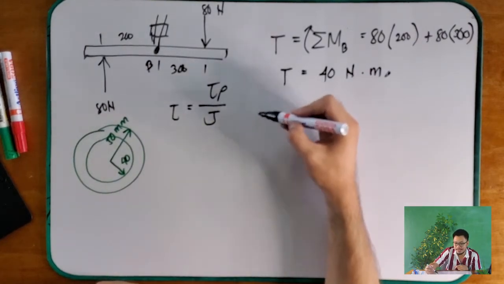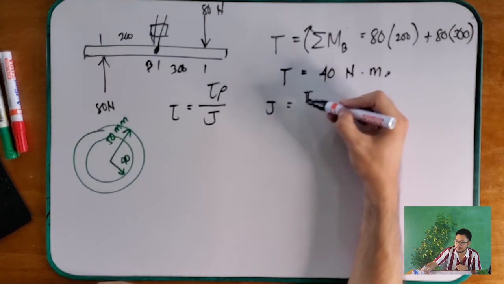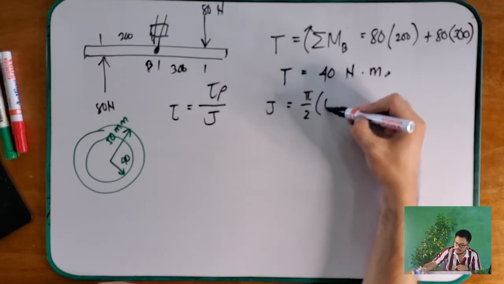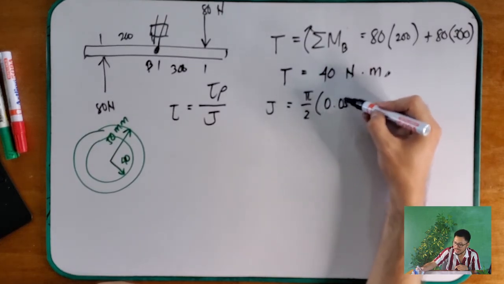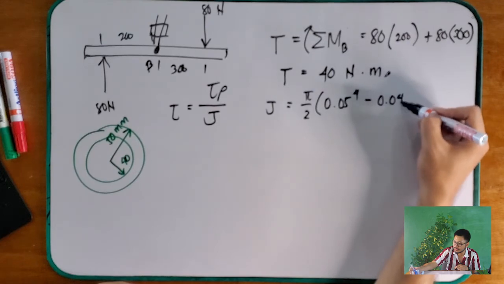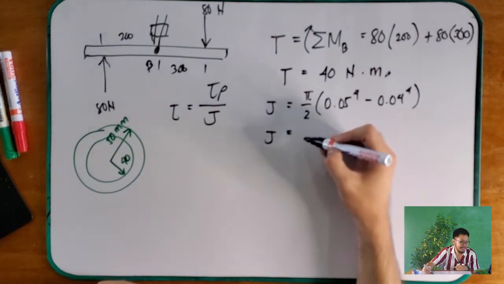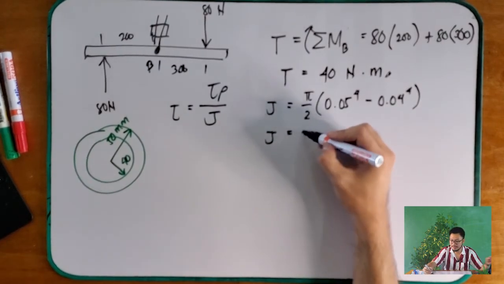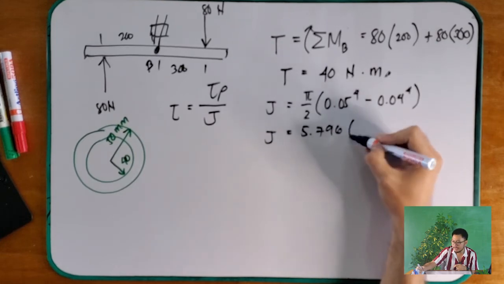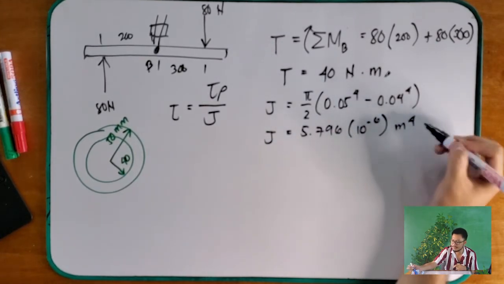And we need to find the polar moment of inertia, which is pi over 2, outer radius, which is 0.05, fourth minus 0.04 fourth. And this is equal to 5.796 times 10 to the power of negative 6 meters to the fourth.